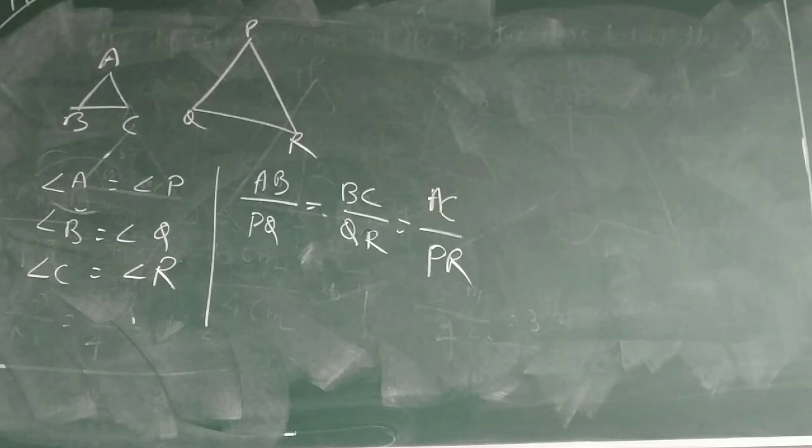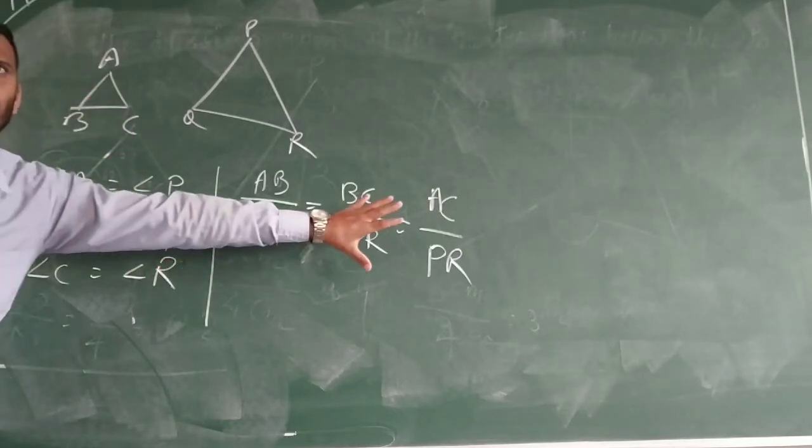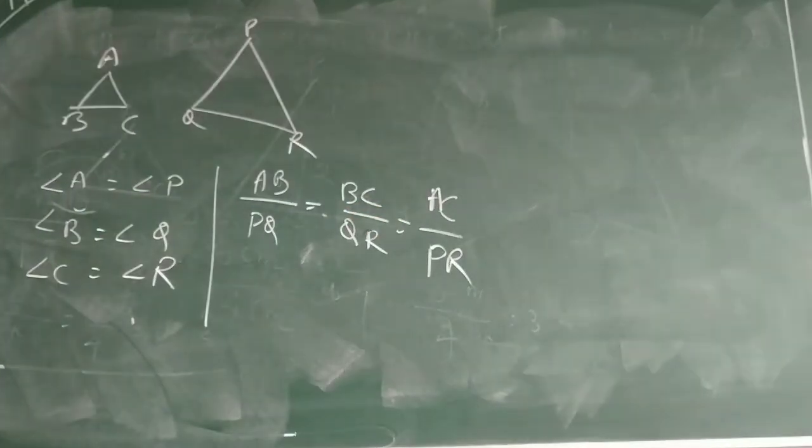Got it? Now suppose, what will happen if the ratio of their corresponding parts that we have done, AB by PQ, BC by QR, AC by PR, becomes 1?